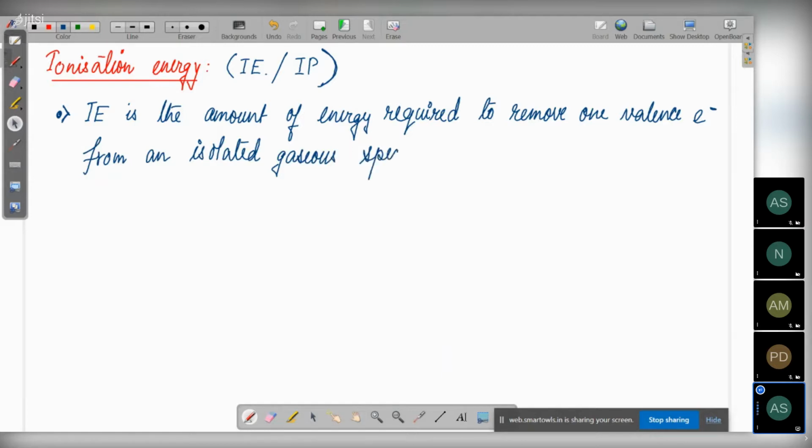Species, you can write in brackets, that is, it can be atoms also or ions also, atoms or ions, to the corresponding gaseous cation.